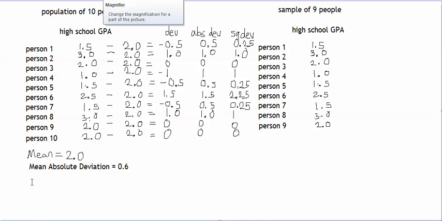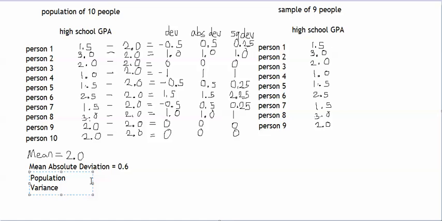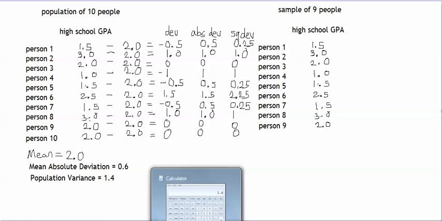We found a variance of 1.4. Technically, it's called a population variance, since we found it with a population of people. And the square root of the population variance would be a population standard deviation.